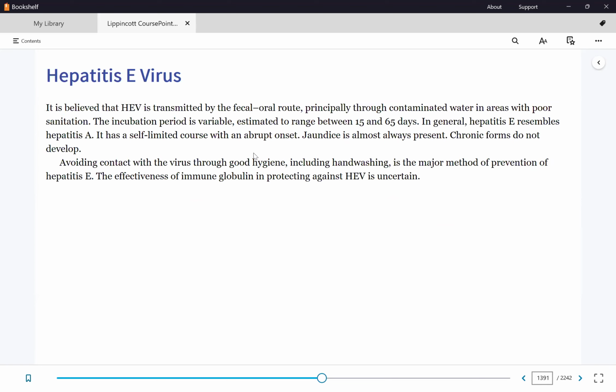Just some countries have E and others don't. That's basically the only difference. But it is an acute GI infection. The patient has an acute liver infection, similar to hepatitis A. That's about it for hepatitis.